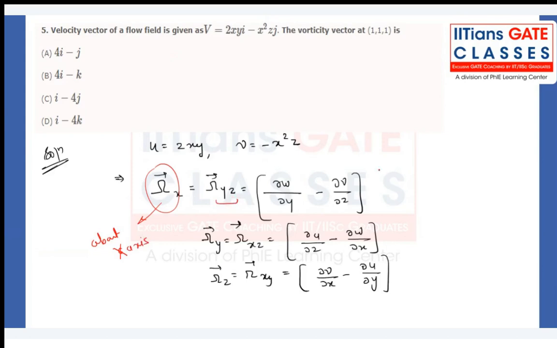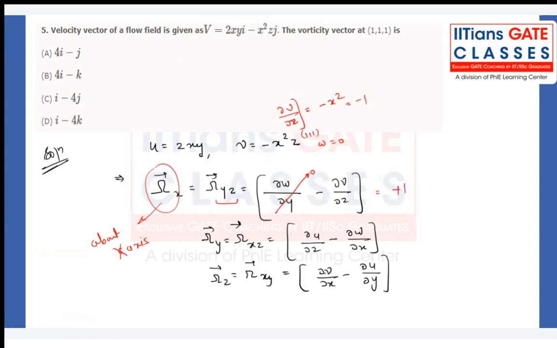Do not confuse. So now tell me guys, what can we write? w is 0, so dou w by dou y will also be 0. Dou v by dou z will be x square, and at the 1,1,1 position, that will be 1.